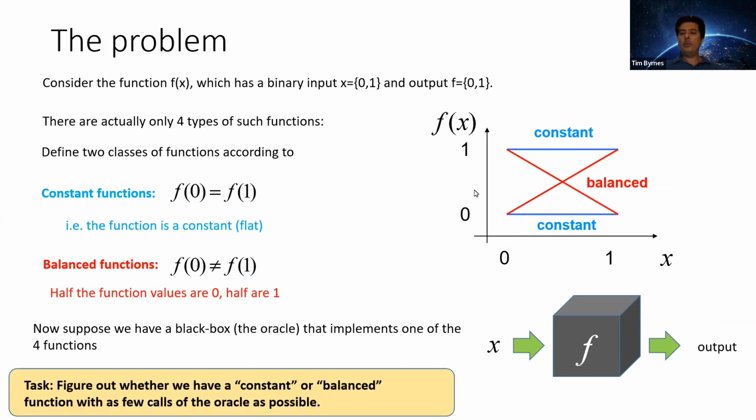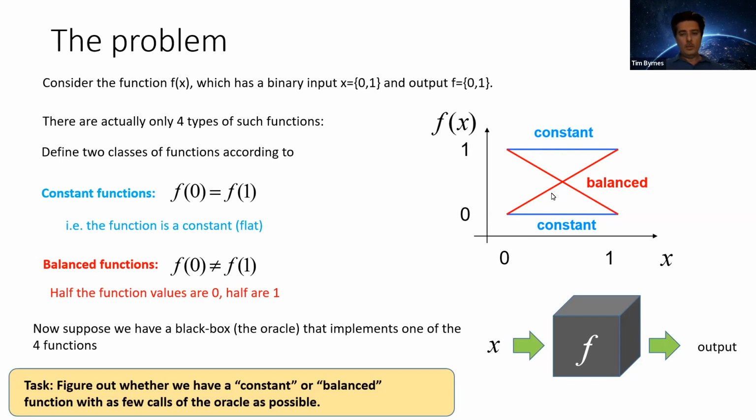In such a binary world, there are only four possible functions, and I've graphed them here. These two blue ones we're calling constant because they give a constant, and the other two are so-called balanced functions because the number of zeros and ones in the output are equal.